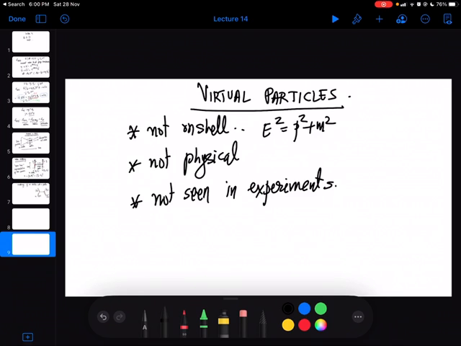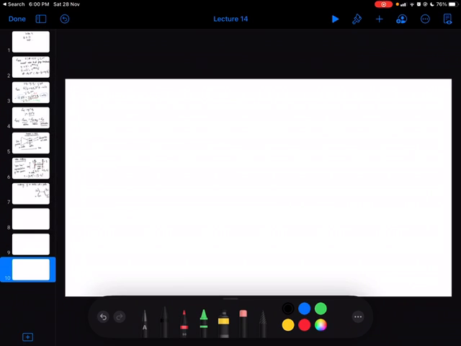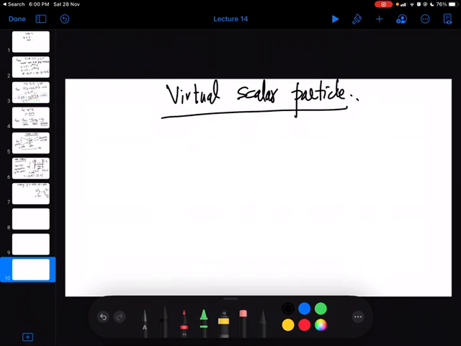So now, if there is a virtual scalar particle, you derive the transition amplitude between these two points.